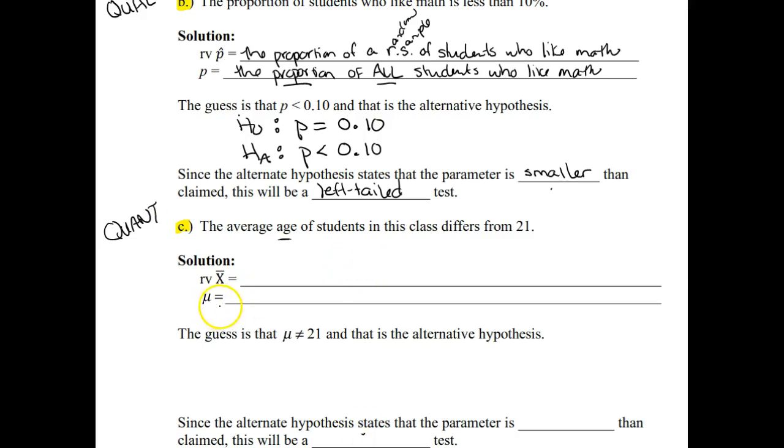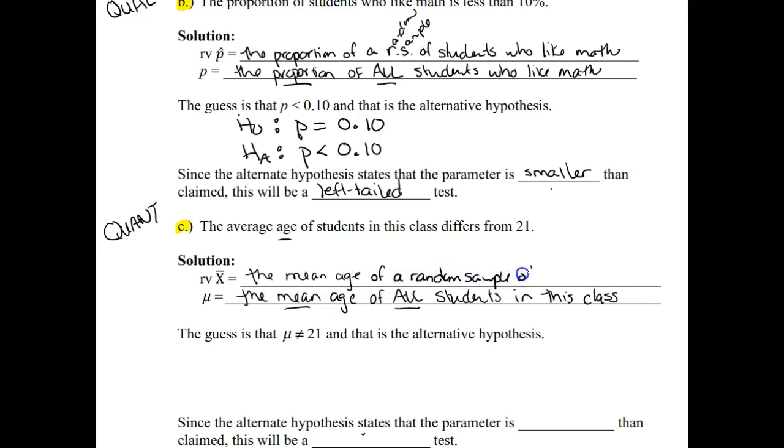So in this case, the population mean would be the mean age of all students in this class, which means our random variable x bar, the sample mean here, would be the mean age. And again, we don't have a sample size, so we would just say of a random sample of students in this class.